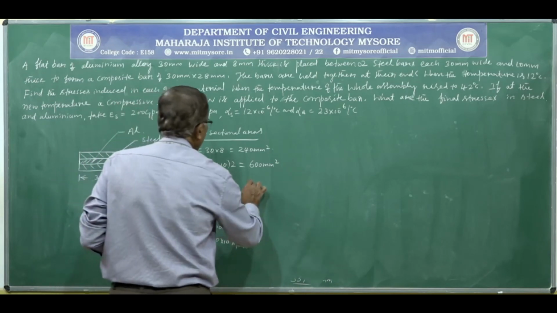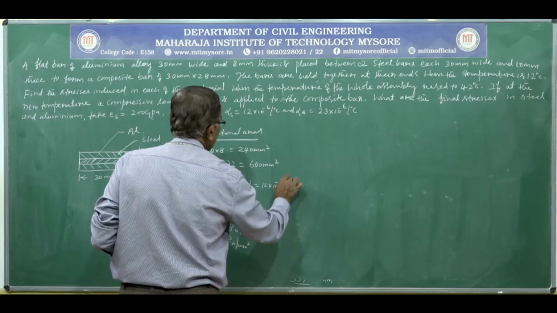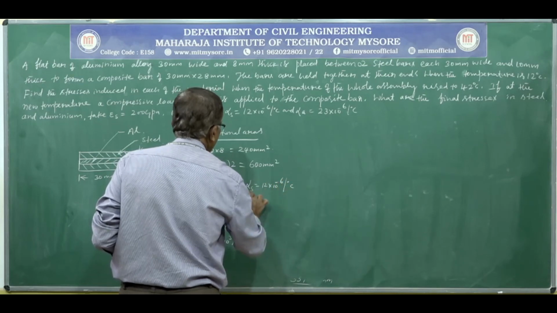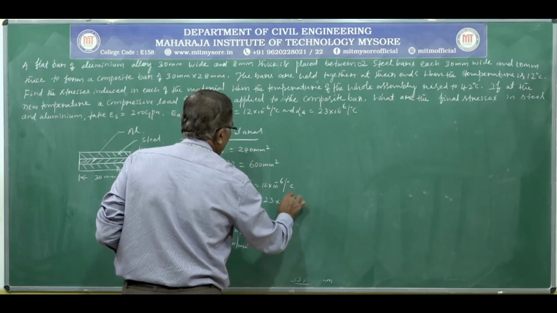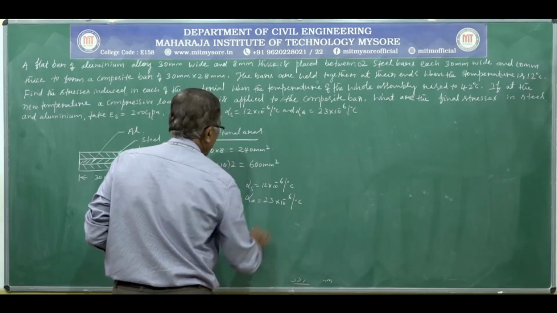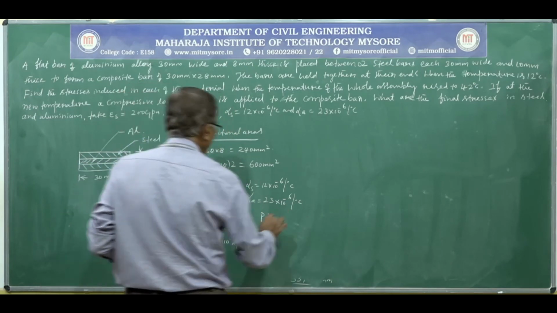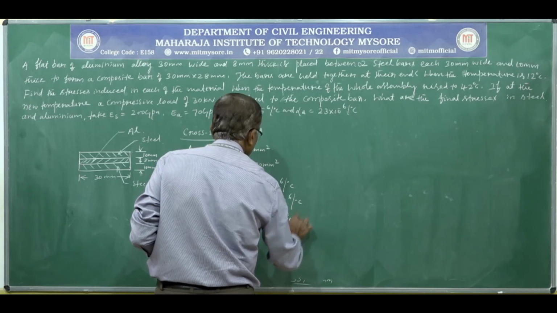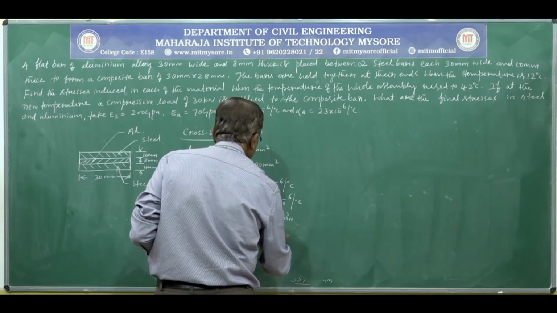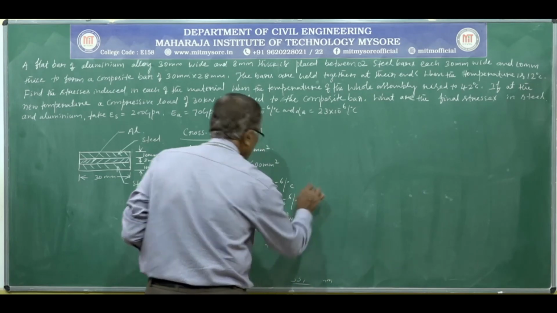Alpha S is equal to 12 into 10 power minus 6 and alpha A is equal to 23 into 10 power minus 6 per degree centigrade, and also it is given that a compressive load of 30 kilonewton, 30 into 10 power 3 Newton. Asked to find stresses induced, Fs is equal to question mark and Fa is equal to question mark.